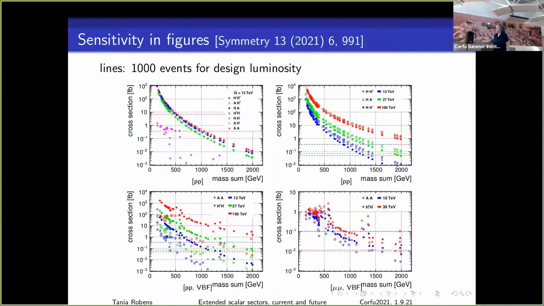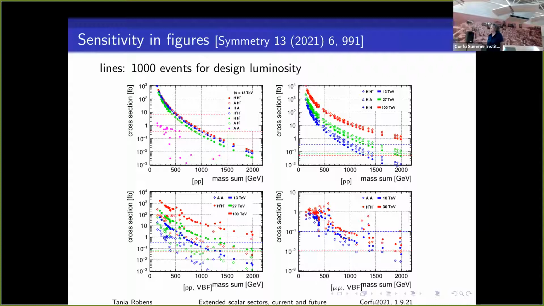Again, the lines are the cross sections you would need for 1000 events for the design luminosity. On the upper left, you see as a function of the mass sum of the produced particles, the cross section in femtobarn, two different lines for now and Tailumi LHC for various production processes.